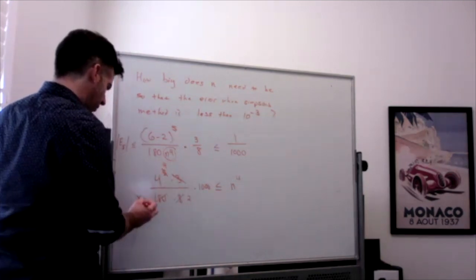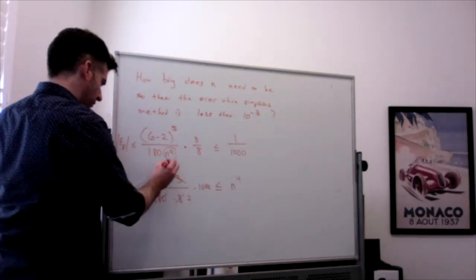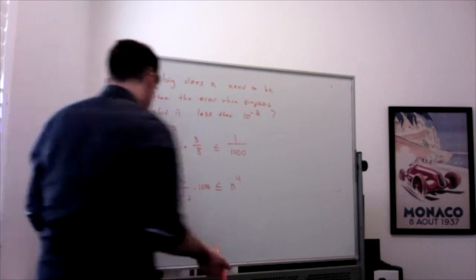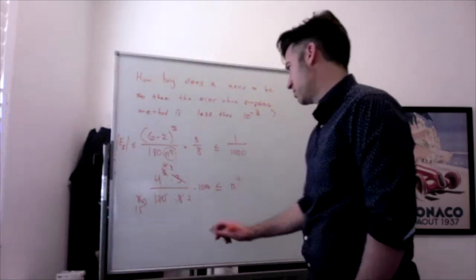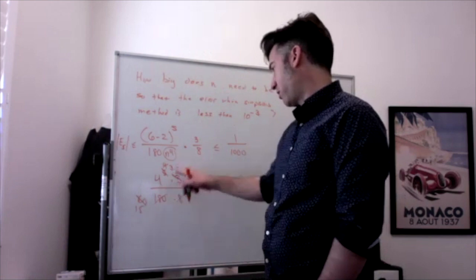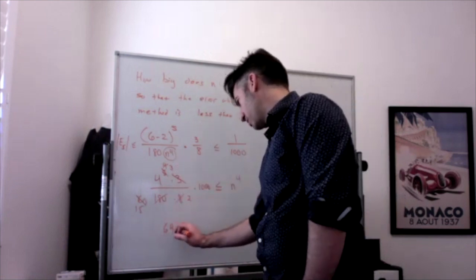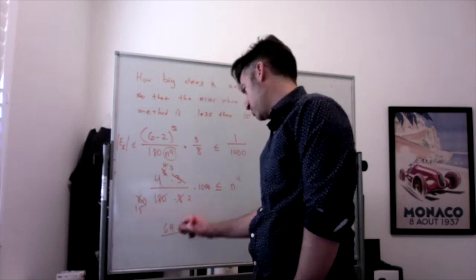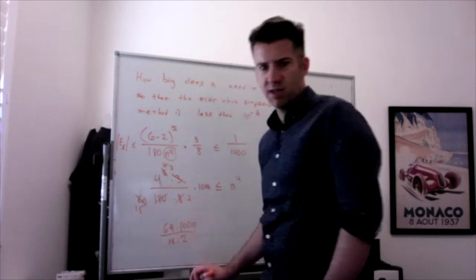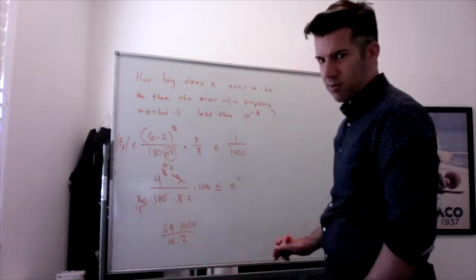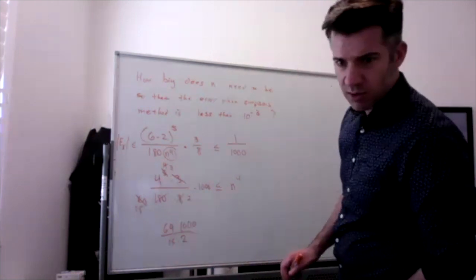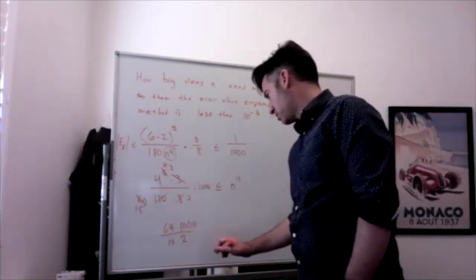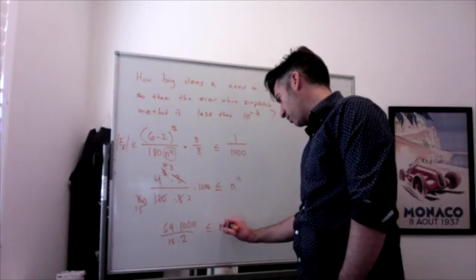I can cancel a 4 here and another 4 here. So it looks like I've got 4 to the 3rd, so 64 times 1,000 over 15 times 2. That seems about right, I think. Sure, yeah. So then that's got to be less than or equal to n to the 4th.